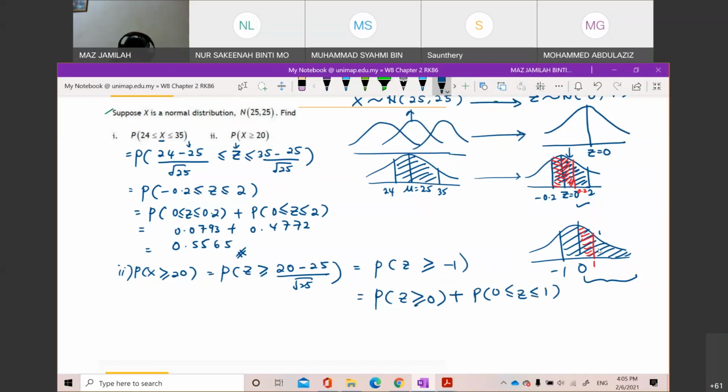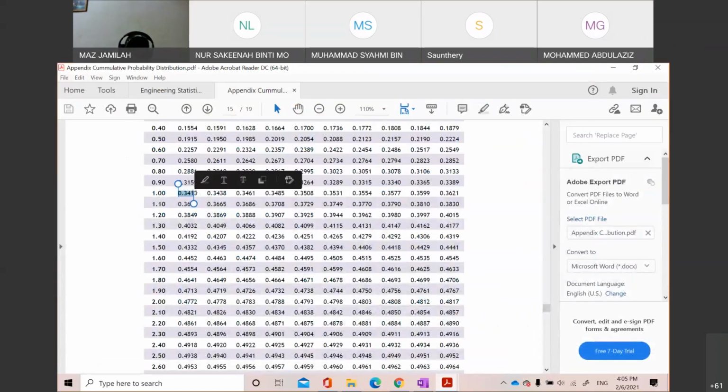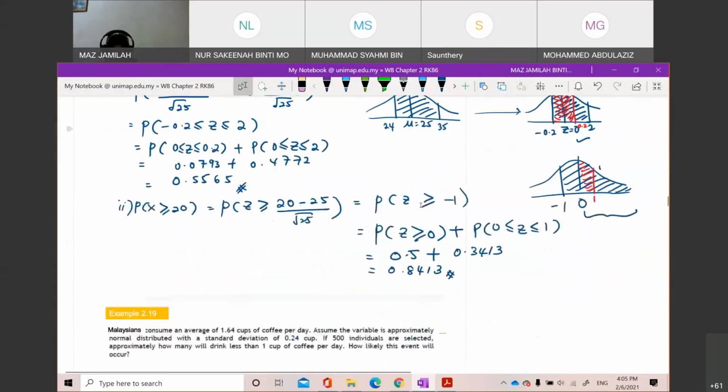If you refer to your table, for 1, you will get 0.3413. So you will get 0.841. Done. That would be the probability for the second one.